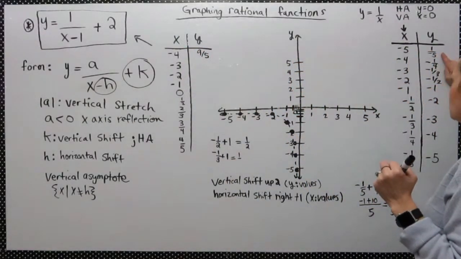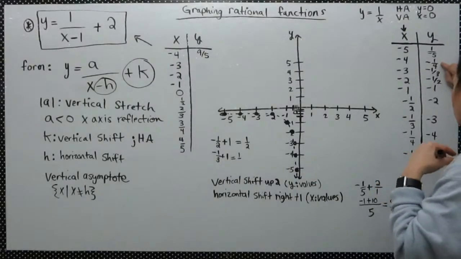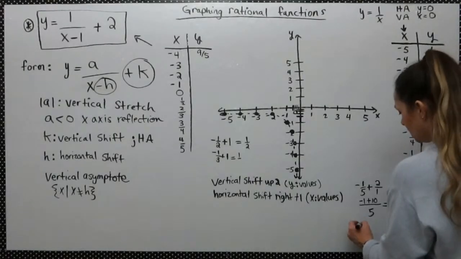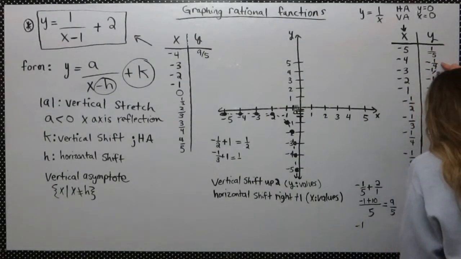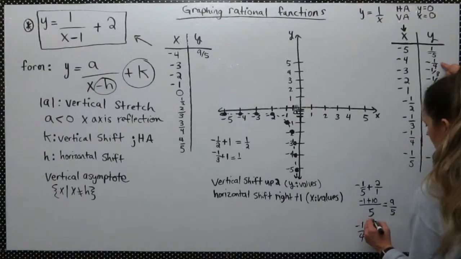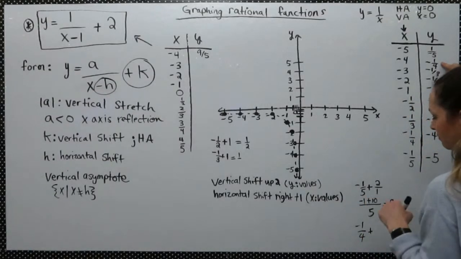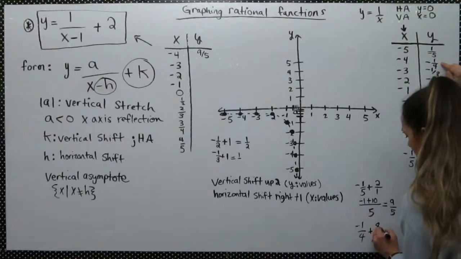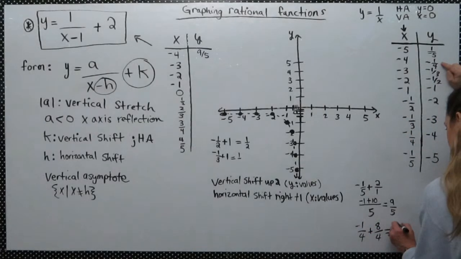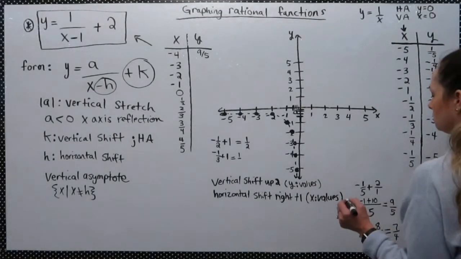And then this one, we're going to go up 2. So we'll just go ahead and do it like this. -1/4 plus up 2 would be 8/4. So we'll go ahead and just convert that now. And so that's 7/4. Okay.